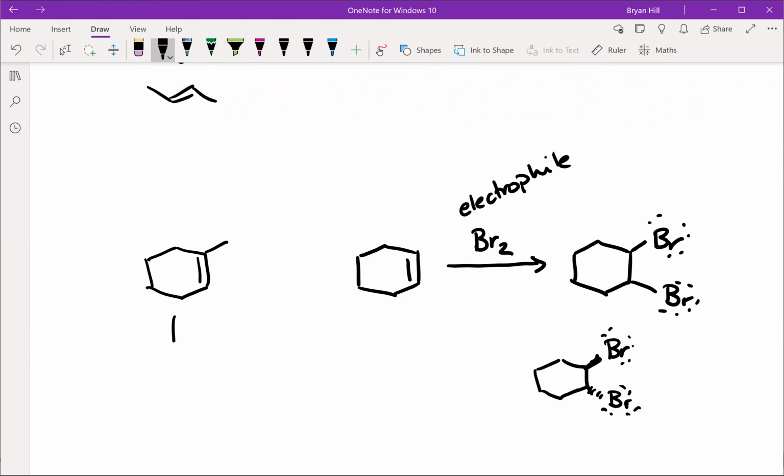There was a specific reason why they were trans. Right. They are trans because of this intermediate right here.